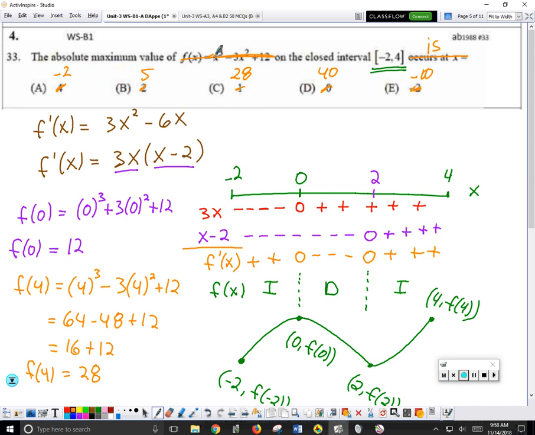This is kind of a trick question. Which of these could not possibly be the answer if they said the absolute maximum value is? Raise your hand if you know what I'm talking about. I'm trying to trick you. So which of those could not possibly be the answer?